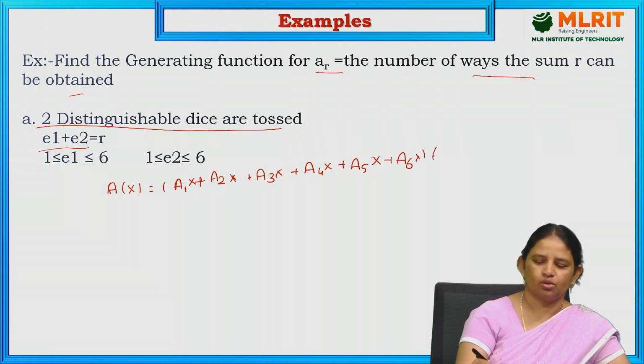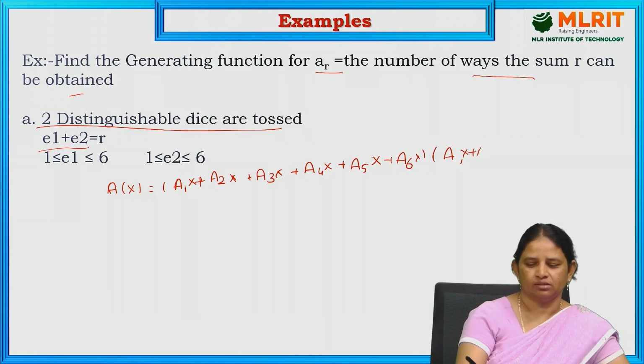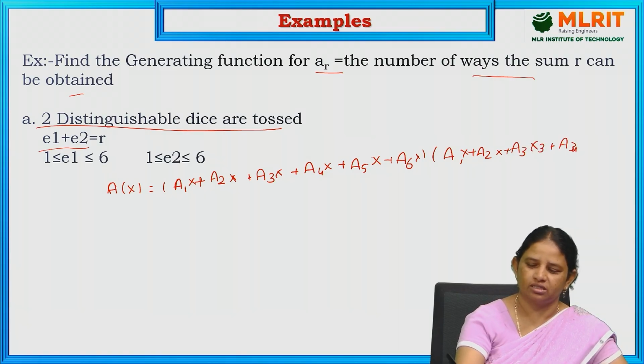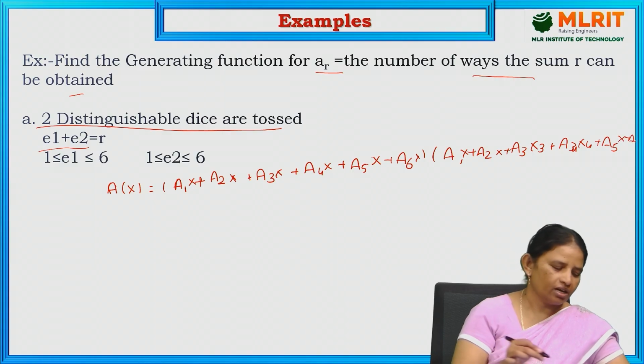The second die also the same. That is 6 terms: a1x plus a2x plus a3x, a4x to the power 4, then a5x, a6x.